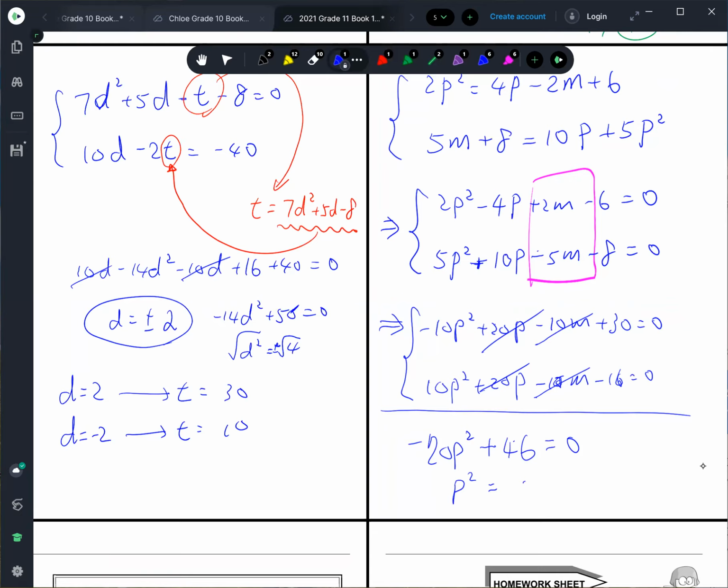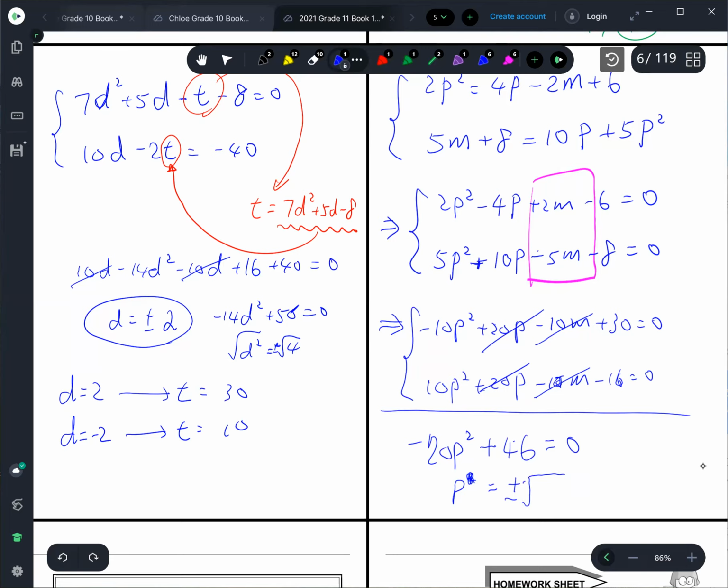So p equals square root of negative 23 over 10. Or is it negative? Positive and negative. So plus minus square root of 2.3 then, right?